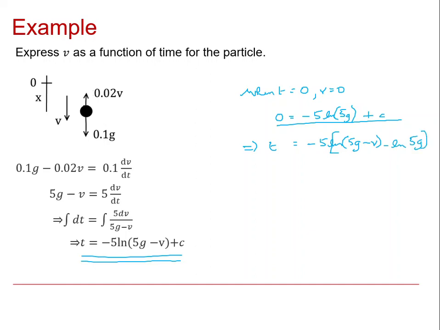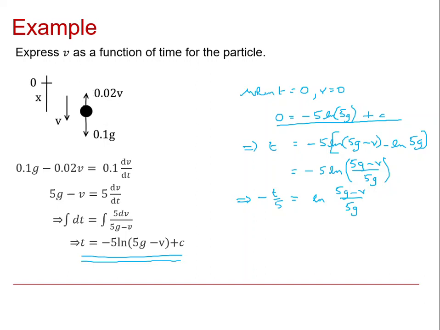So that tells us that we've got minus 5 log, and it will be a division because the subtraction of logarithms corresponds to division. So we have 5g minus v over 5g. And that finally tidies up by putting the t with the minus 5, so we have minus t over 5 is equal to log of 5g minus v over 5g.